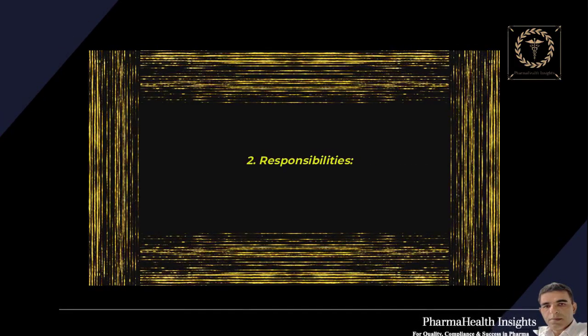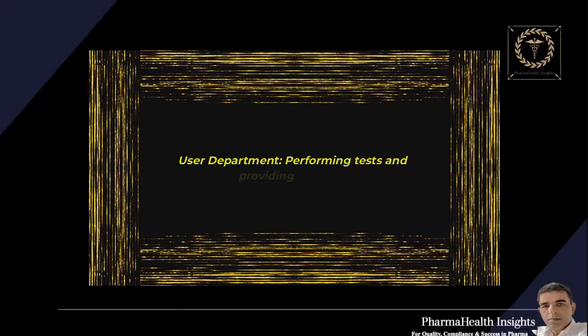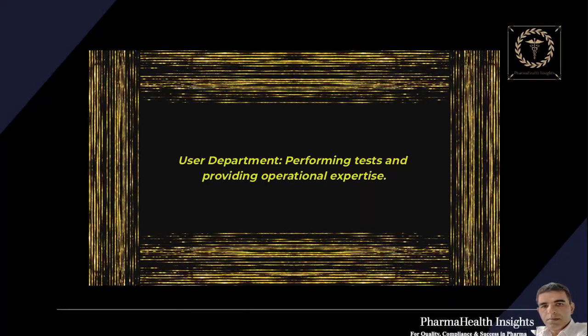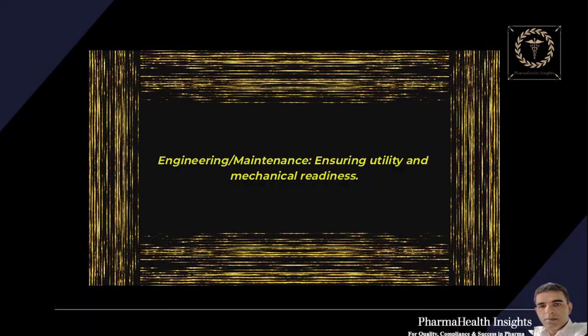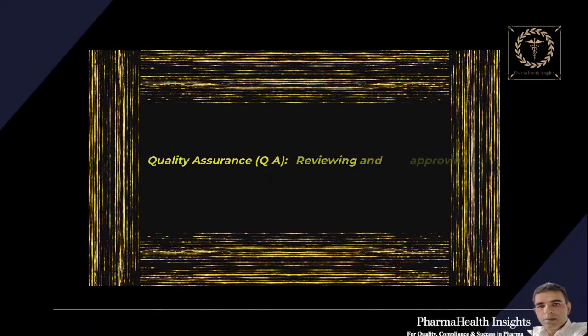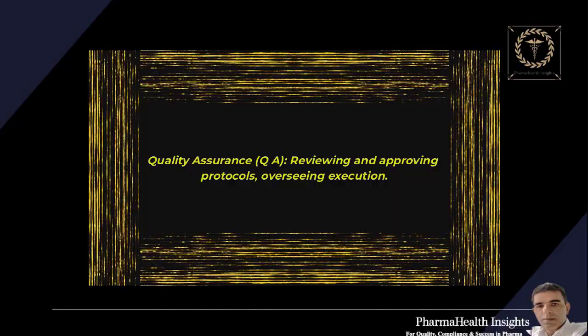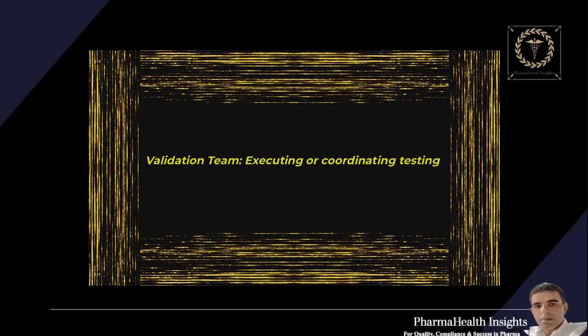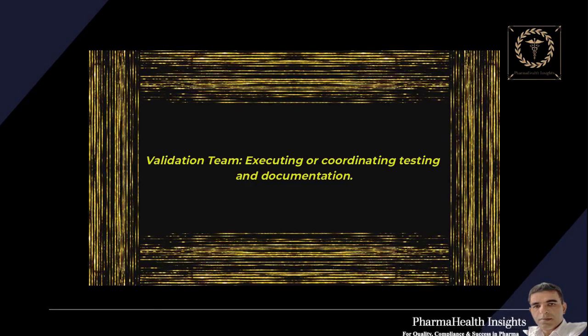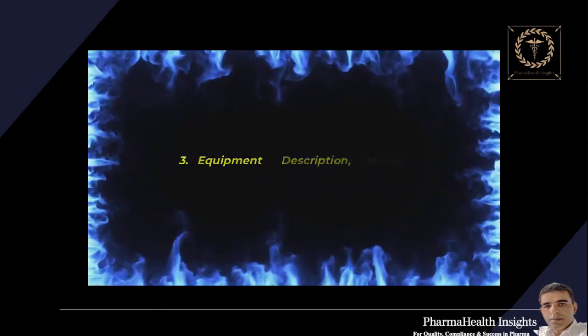2. Responsibilities. User department, performing tests and providing operational expertise; engineering, maintenance, ensuring utility and mechanical readiness; quality assurance, QA, reviewing and approving protocols, overseeing execution; validation team, executing or coordinating testing and documentation. 3.